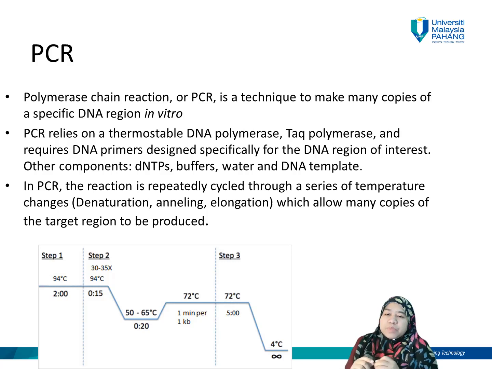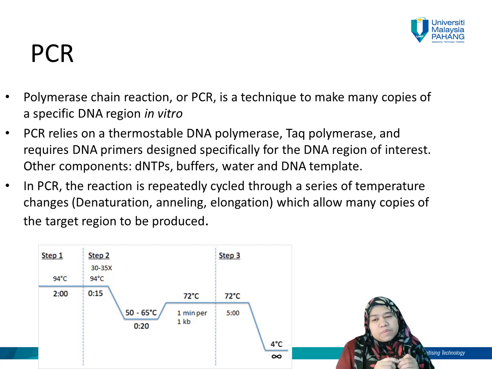And then step two comprises 30 to 35 cycles, depending on the purpose of your research. If you just want to test, you may stop at 30 cycles, or if you want to optimize, you can go beyond that number of cycles.